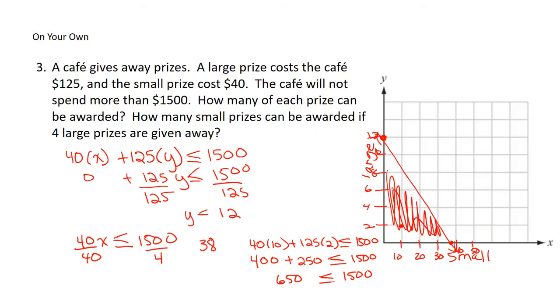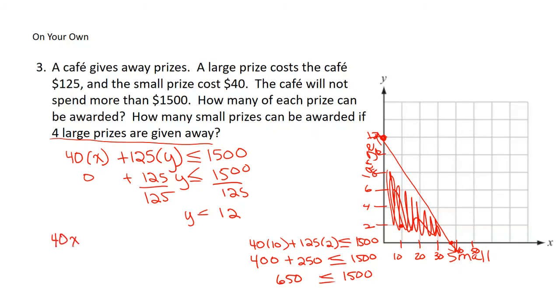Now there's one more part to our question. It says how many small prizes can be awarded if 4 large prizes are given away. So let's rewrite our equation using 4. I'm going to erase all this for a minute. Okay, so here's our equation again. We have 4 large prizes, so we want to know how many small.